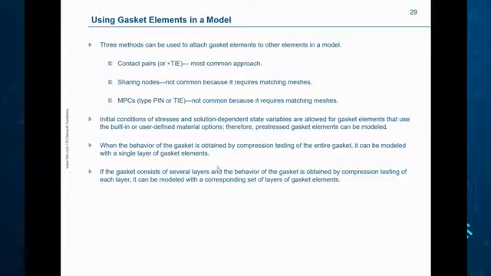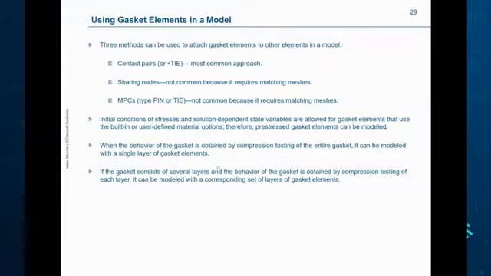So how do I actually put gasket elements into a mesh? Here in this example it was rather easy. I really didn't have much of a structure except for the gasket itself. You can attach gasket elements to other parts of the model through contact pairs or simply by sharing nodes, which is uncommon. Using MPCs is also uncommon, but this is possible.